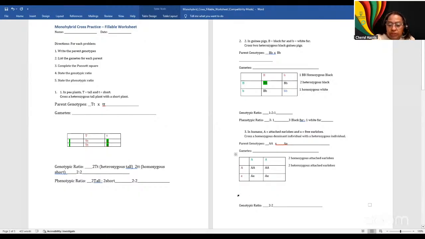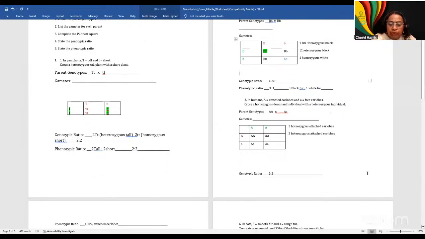I'm trying to get this space so that all the answers are on the same page, and it won't delete the space. All right, well, the last answer is over there.